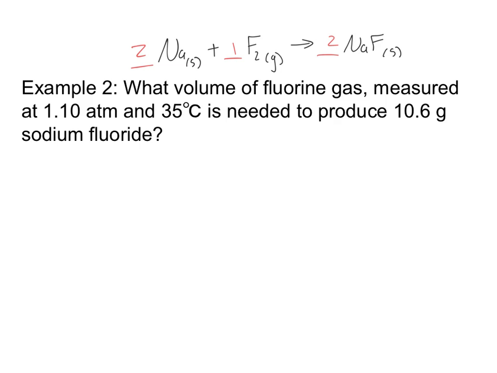Okay, so the next question says what volume of fluorine gas measured at a pressure of 1.1 atm and 35 degrees Celsius is needed to produce 10 grams of sodium fluoride. Okay, so first of all, I am trying to figure out how much fluorine gas I need when I know that I've produced 10.6 grams of sodium fluoride.